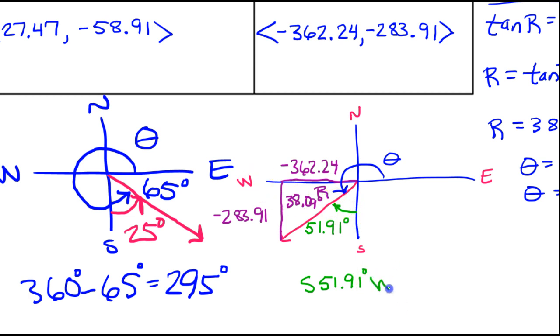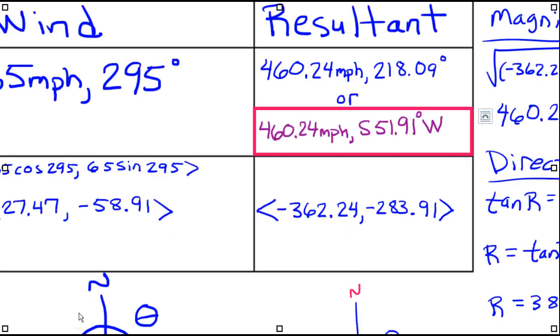So another way of describing this direction is to say south 51.9 degrees west. Again, meaning start at south, turn 51.9 degrees towards the west. So this is what we will write for our final answer direction. So this is the final answer.